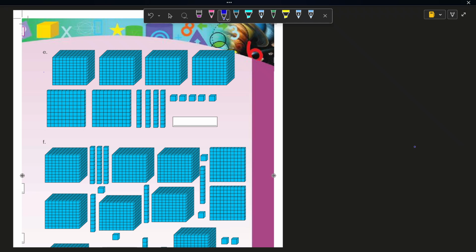What I'm going to do on the right side of my screen is draw a table. I'm going to write unit first and draw the line. After the unit, I've got a 10, and then after the 10, I'm going to write 100 there.